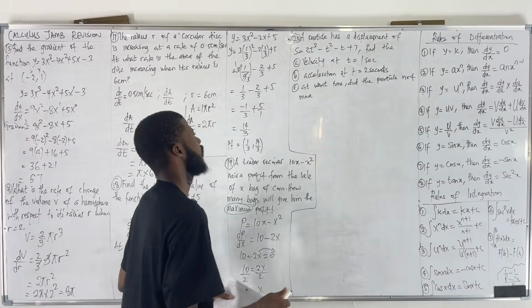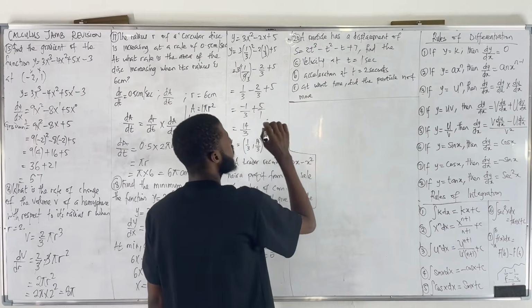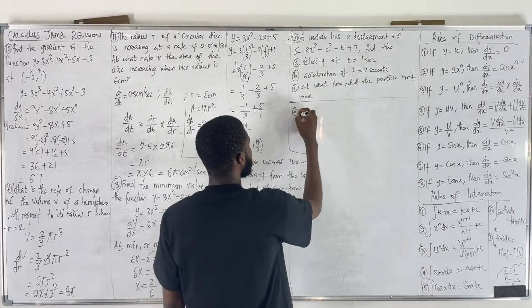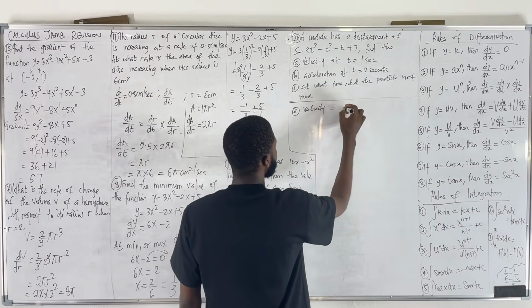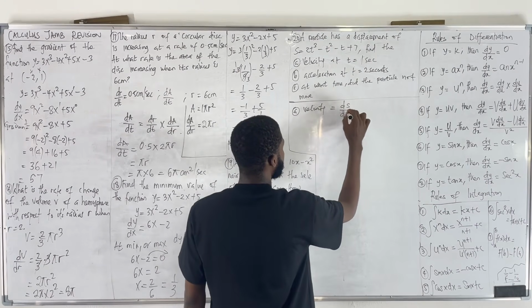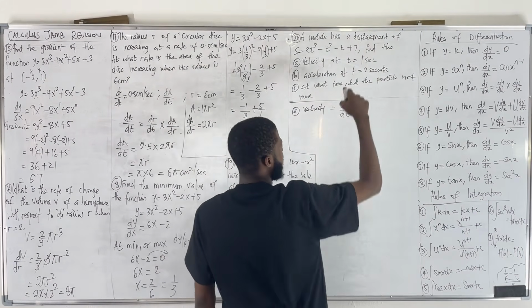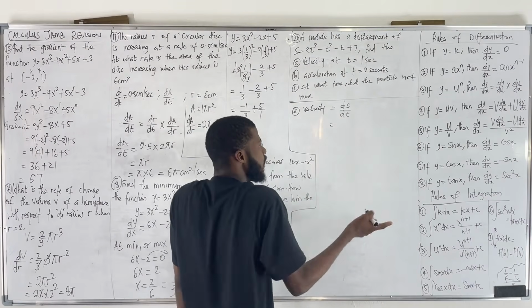So let me solve this very question. Sorry. So the A part says velocity. Take note in calculus, to get velocity is ds/dt. What does ds/dt mean? Differentiate distance or displacement with respect to time. You are going to get velocity or speed.